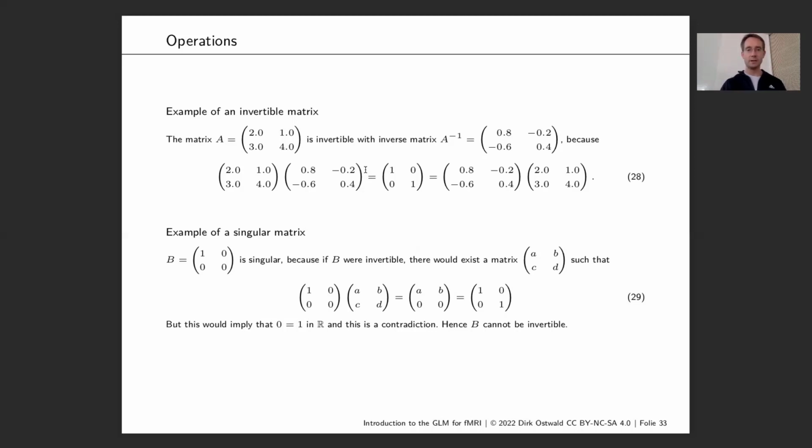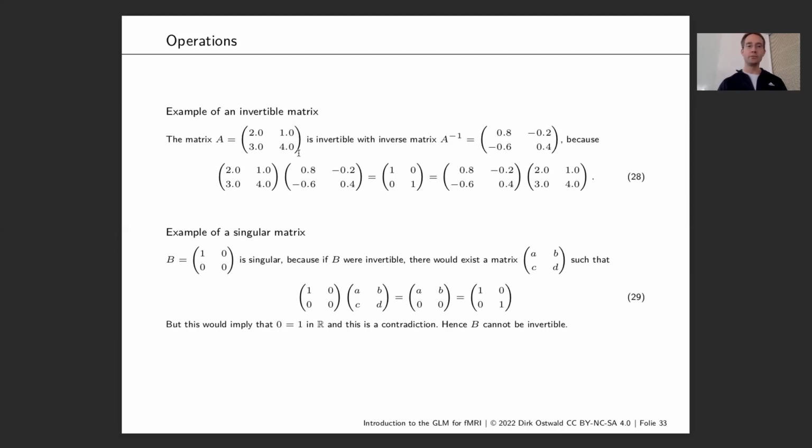Here's a little example that at least shows you how a matrix inverse behaves, if it exists. So if we have this matrix here, 2, 1, 3, 4, then I'm telling you that the inverse of this matrix is 0.8, minus 0.2, minus 0.6, 0.4.